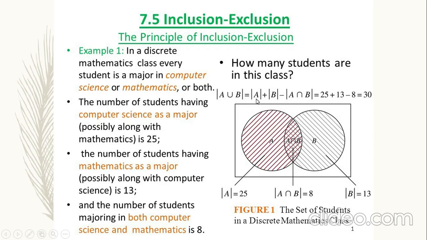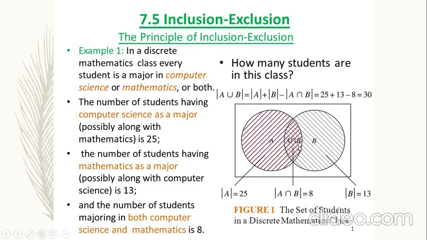So for our set A, we have 25 students having computer science as a major. And for our set B, we have 13 students, these students having mathematics as a major, minus the intersection of the two, meaning to say this intersection are those students who are majoring in both computer science and mathematics, and there are 8.